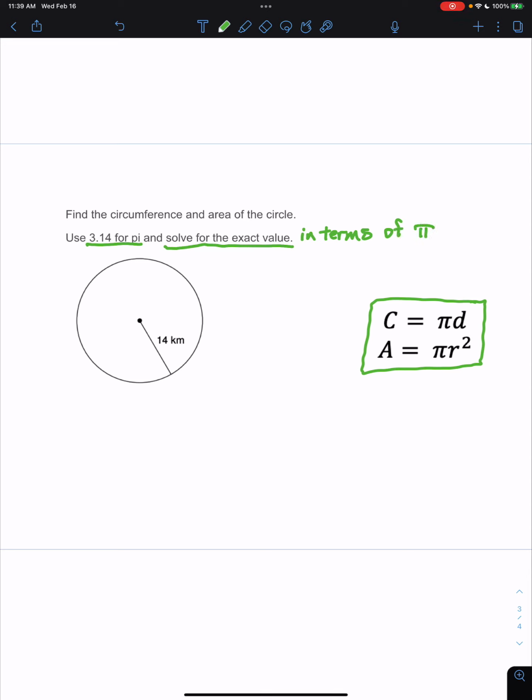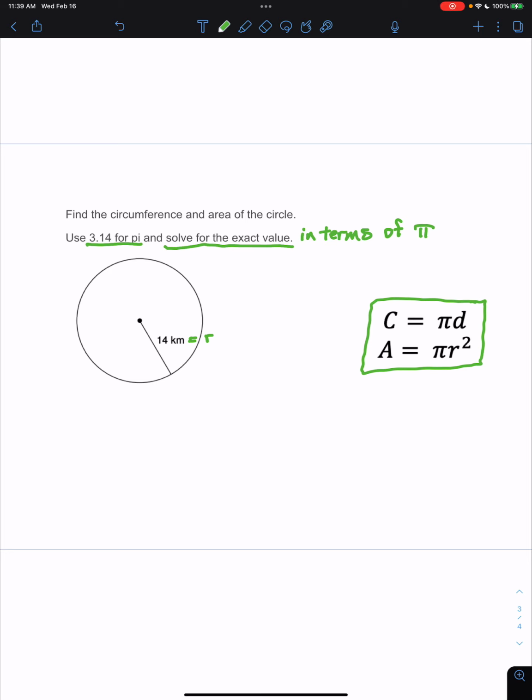So let's start by solving for the circumference of this circle that I have here. I have a circle and I'm saying that my radius is 14 kilometers. So we know that r is going to equal 14 kilometers.